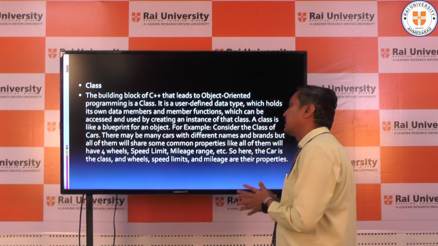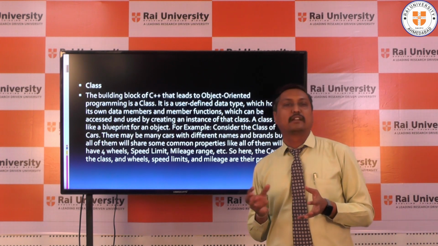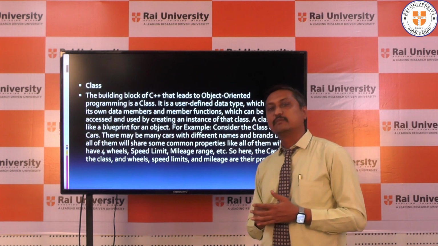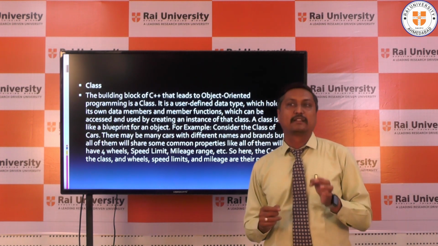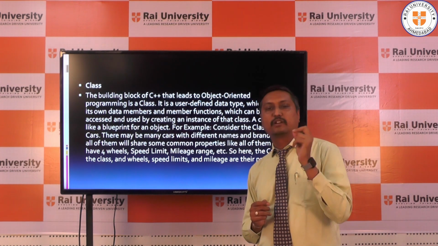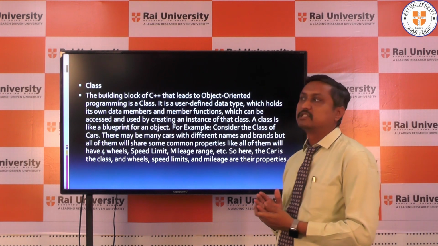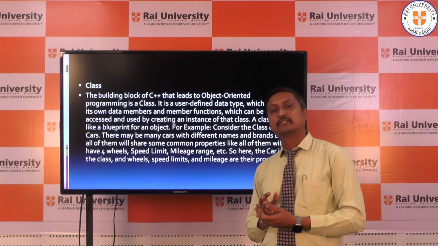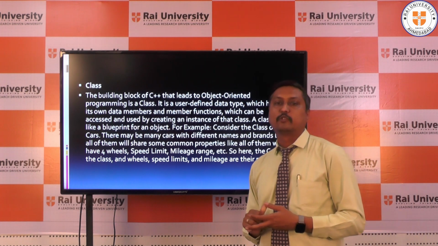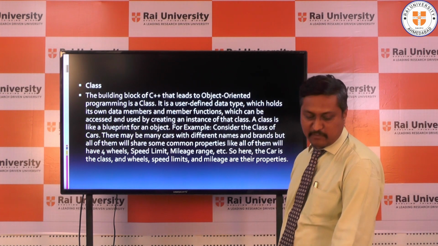Here I can give one example: a car. Car is one kind of class where the speed and name differ, but some of the features are common. That means the number of wheels is 4 for each car. That is one example.